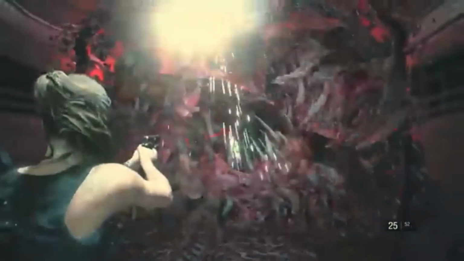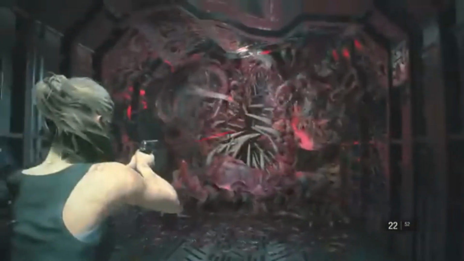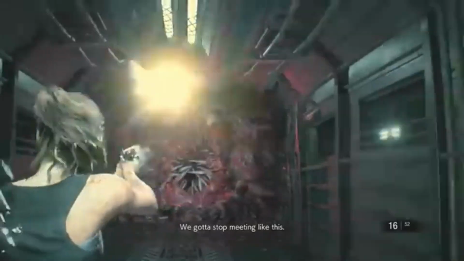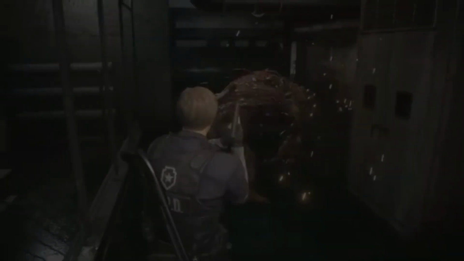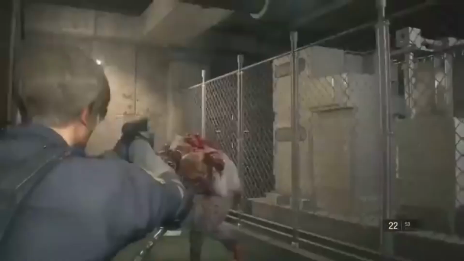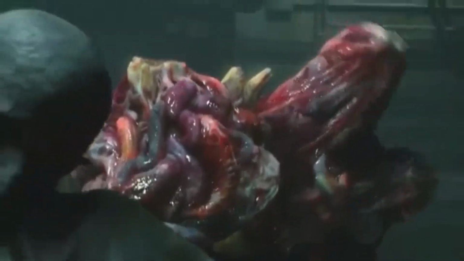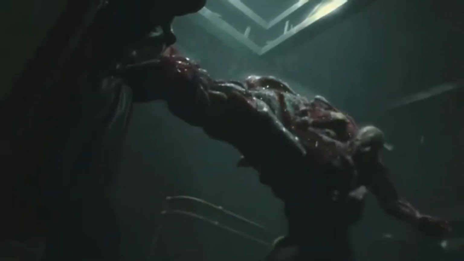Now transformed into a monstrous abomination after injecting himself with the virus, he relentlessly pursues Leon S. Kennedy and Claire Redfield. Birkin's transformation into a regenerating beast makes him a constant threat throughout the game. The mutated creature seems obsessed with preserving the legacy of the G-virus, driving it to attack anyone who crosses its path without mercy.